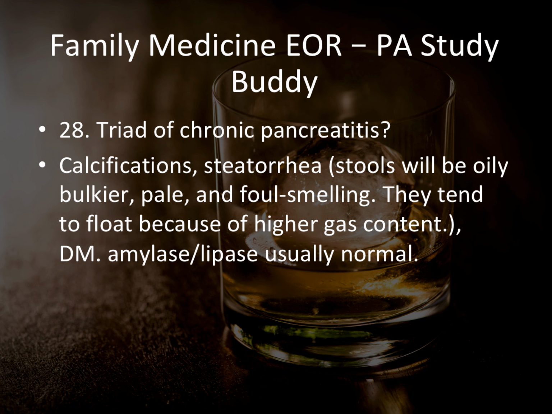It may even say that it's floating. That happens because of the high gas content, and diabetes. They may also say the amylase and lipase will be normal. So normal amylase and lipase, calcification on an x-ray, and foul smelling stool are more indicative of chronic pancreatitis, versus high amylase and lipase, which is seen with acute pancreatitis.